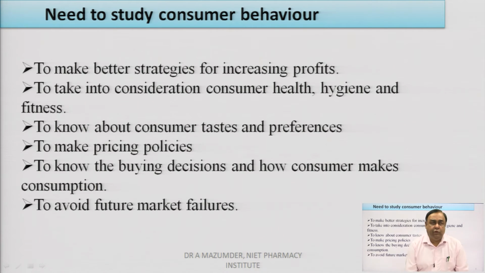A study of consumer behavior also helps you to know the buying decision and how the consumer makes consumption.